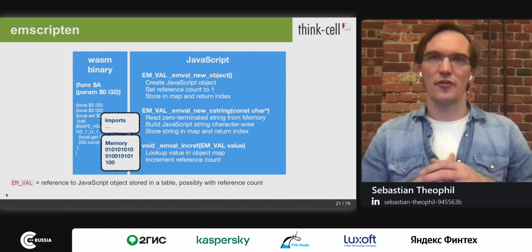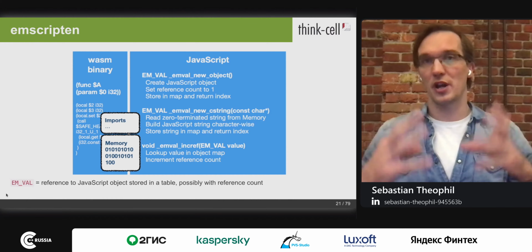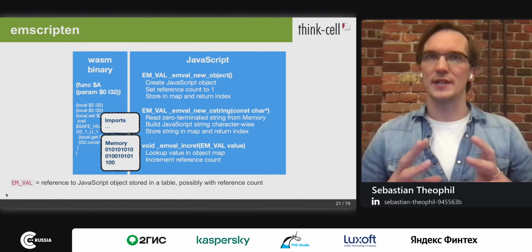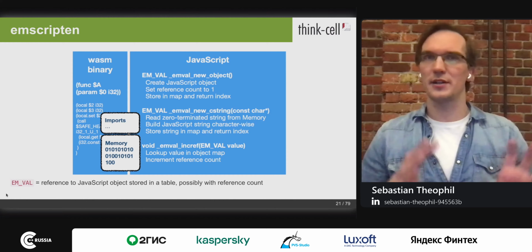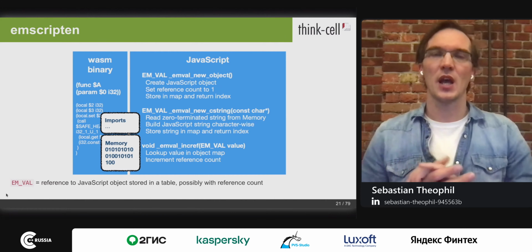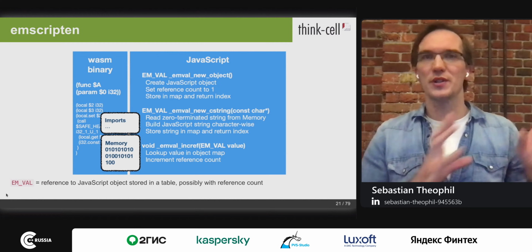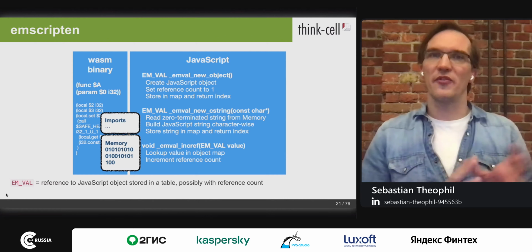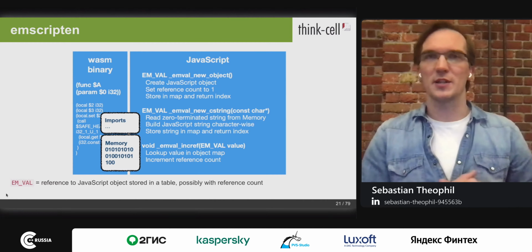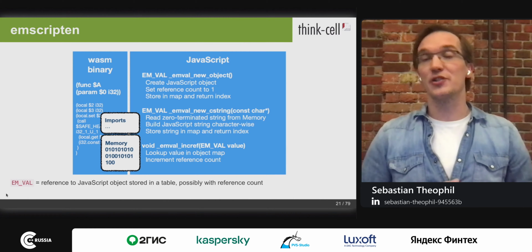And it initializes a reference count for that object to 1, and then stores both that JavaScript object and that reference count in some data structure on the JavaScript side of the browser runtime. And then it returns a handle to that map entry to the C++ world. So the emval that we return here to C++ is simply an integer. It's an integer that somehow identifies a JavaScript object.